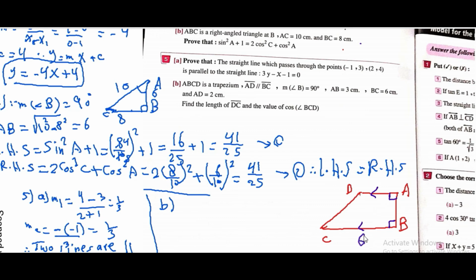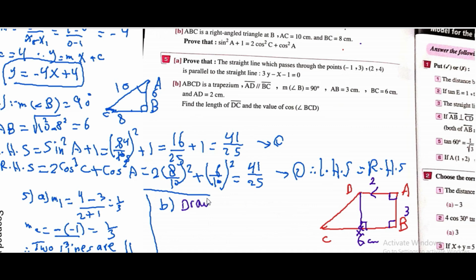Find the length of DC, this leg, and the value of cosine DCB. First we find DC. Draw DX perpendicular to BC.